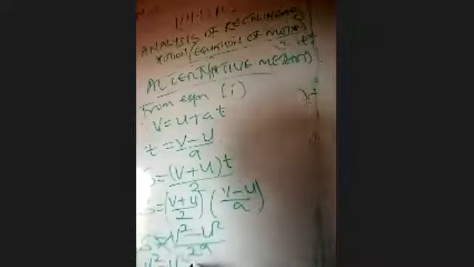If we cross multiply, we now have v squared minus u squared is equal to 2as.